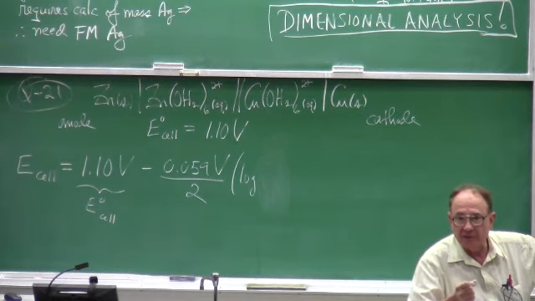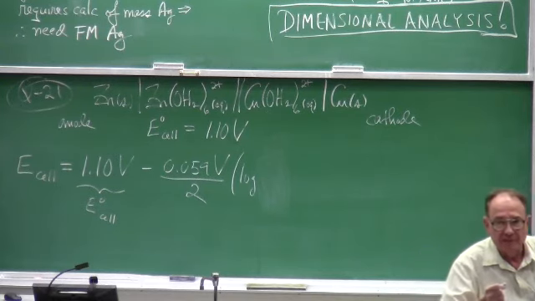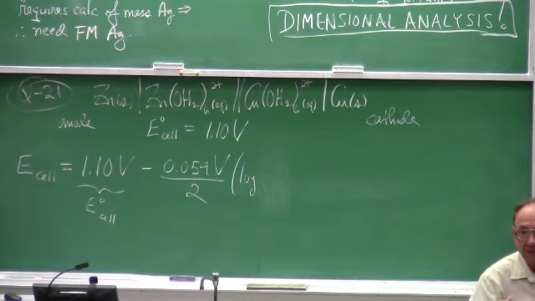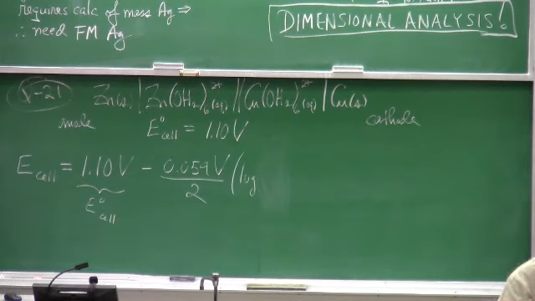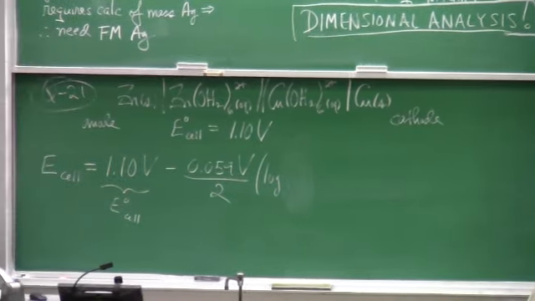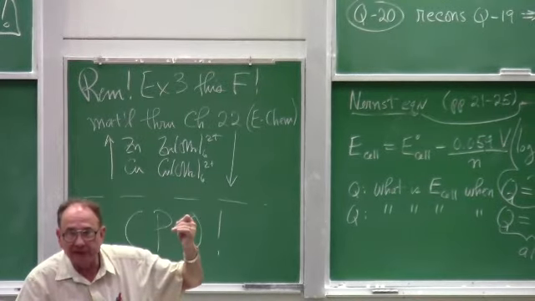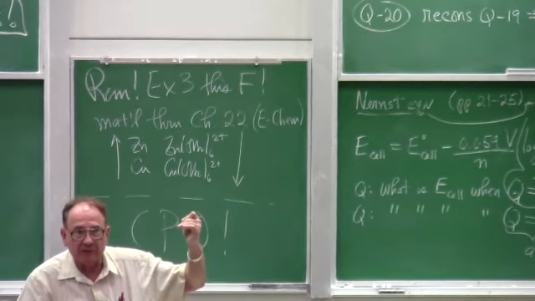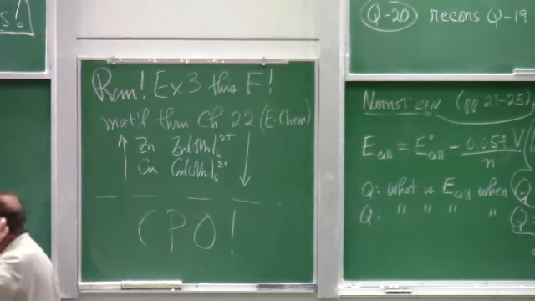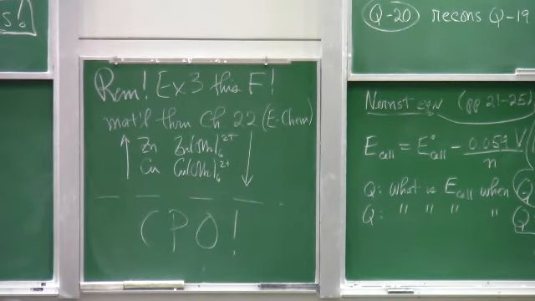Which terms in this reaction equation appear in Q? Zinc metal? No. Copper metal? No. Hydrated copper ion? You betcha. Numerator or denominator? Is hydrated copper ion a reactant or product in this reaction? Reactant. So where does copper ion appear in Q? Denominator. Correspondingly, hydrated zinc ion is a product. So that's in the numerator of Q.